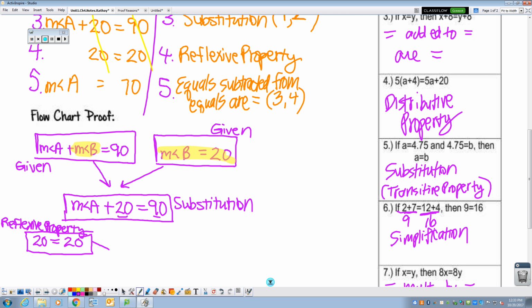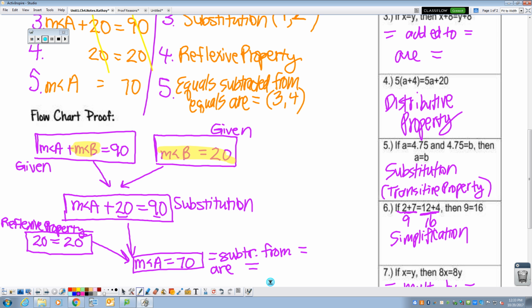And now these two boxes work together to lead me to a conclusion. And my conclusion from these two boxes is that the measure of angle A is 70. And my reason is equals subtracted from equals are equal. Again, no reference is necessary because the arrows are the references.